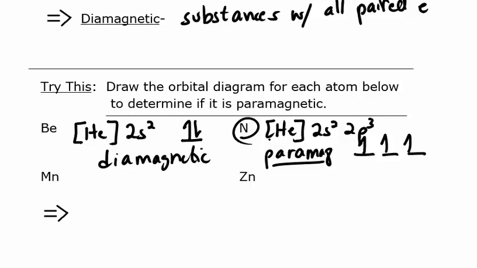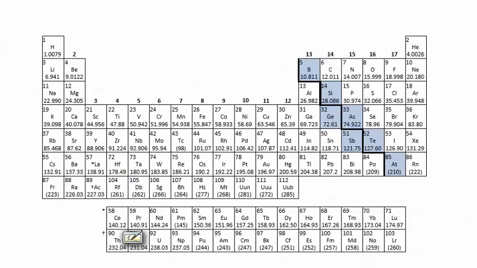Then we can look at manganese. Okay, let's find manganese on the periodic table. Okay, it's over here. So you can see that it's going to be argon and a 4s2, and then there are 5 electrons in the d.